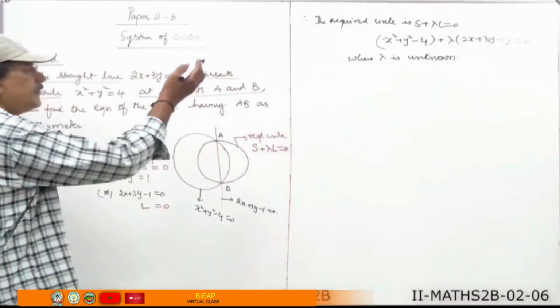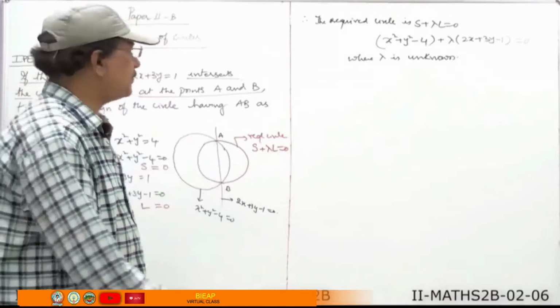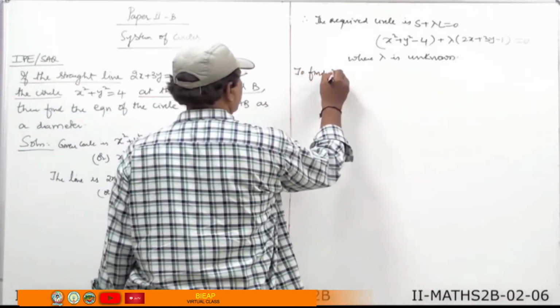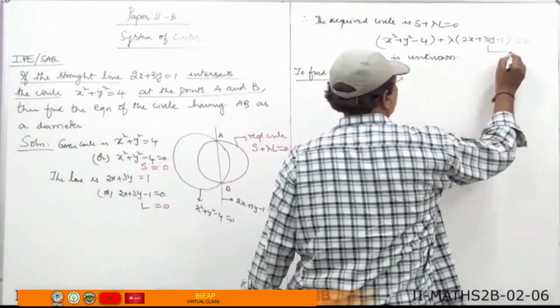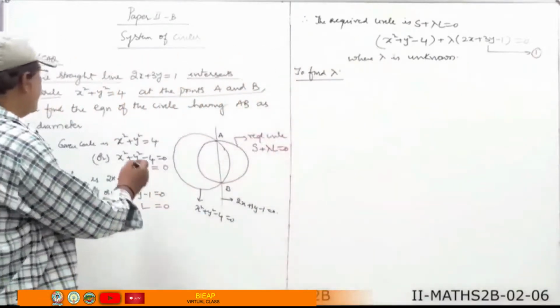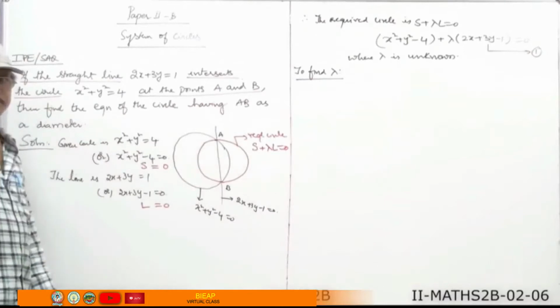Now, if you find lambda value, then we get the equation of the circle. So, the next step is to find lambda value. To find lambda, we make use of the given condition. The condition is for the required circle, AB is the diameter.